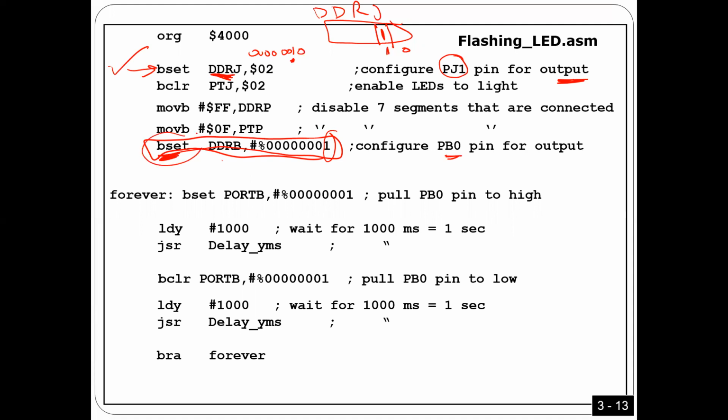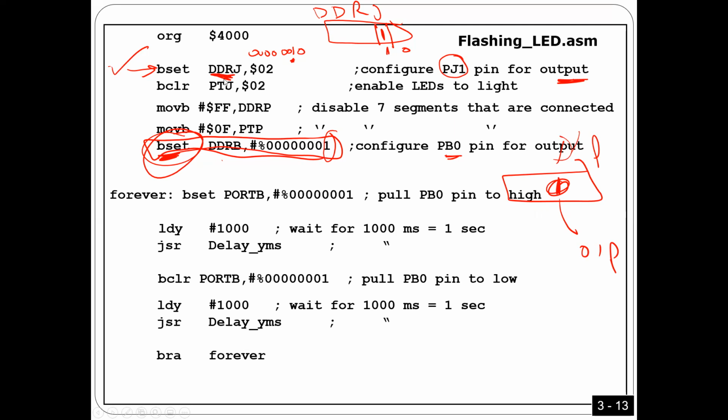That's why I'm using bit set, guys, because if you put 1 in the data direction, you make this port output. However, if you put 0, you make it input. So in case of input devices, instead of using bit set, we are going to use bit clear. But for now, we're only using output in this program.